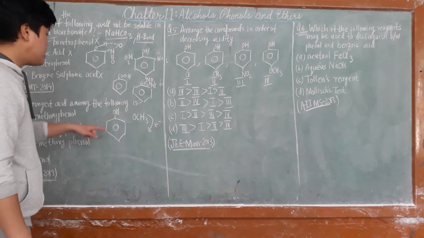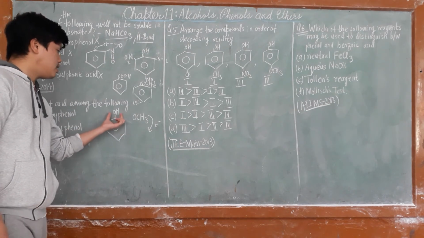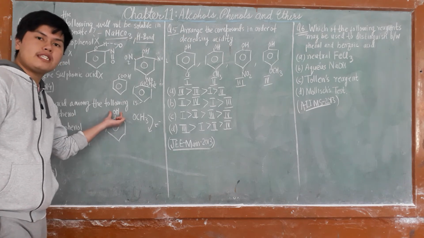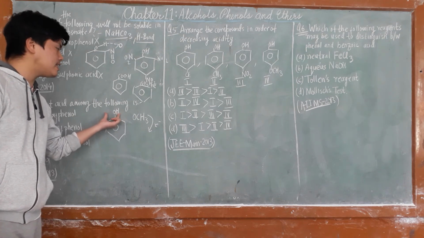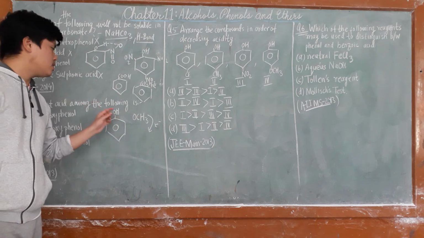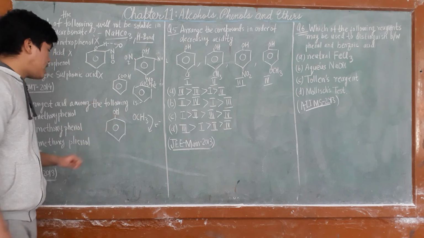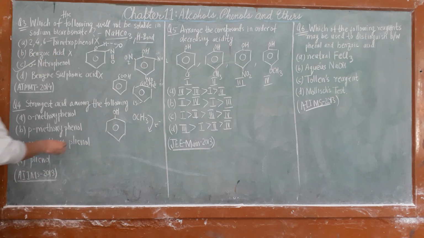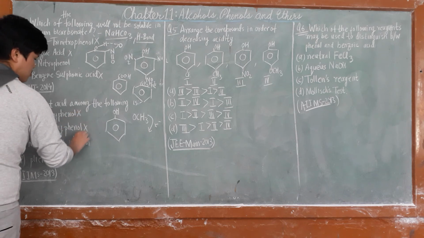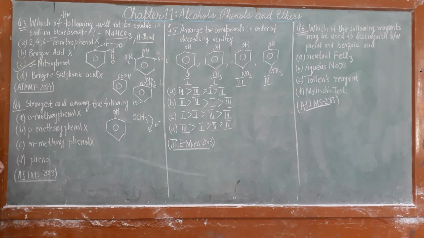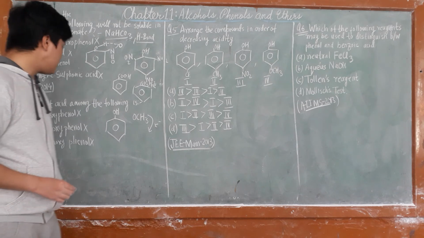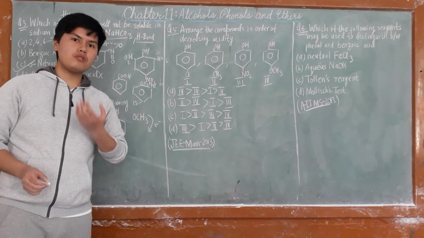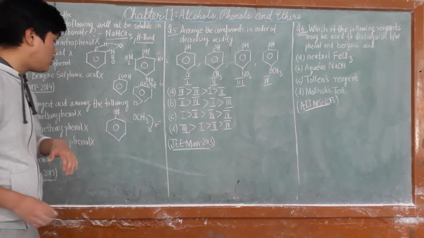Now if it donates the electrons, the electron density on the OH group increases. Once the electron density has increased, it is very difficult to remove the hydrogen. So that's why methoxy decreases acidity. Acidity depends on the easiness of losing hydrogen ions.